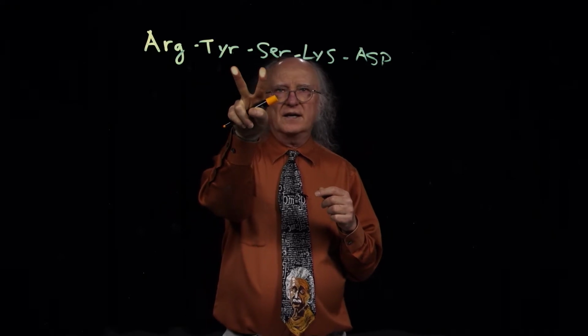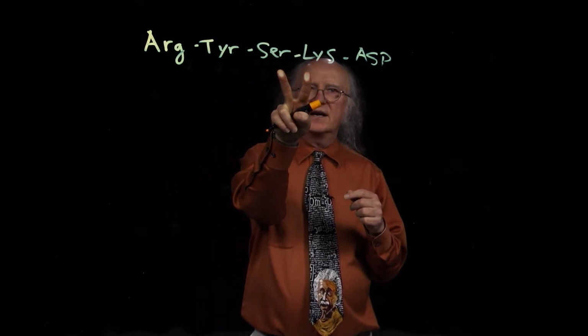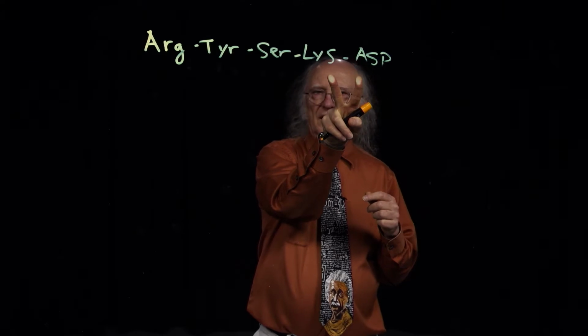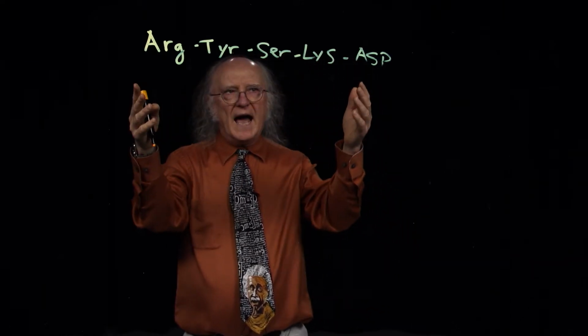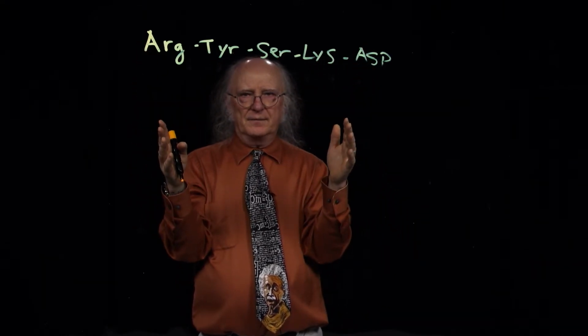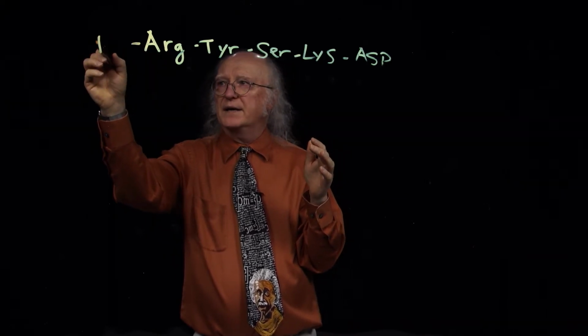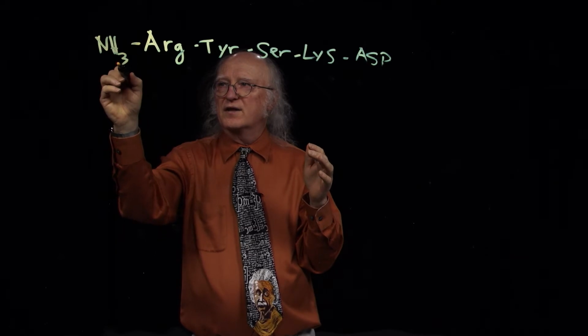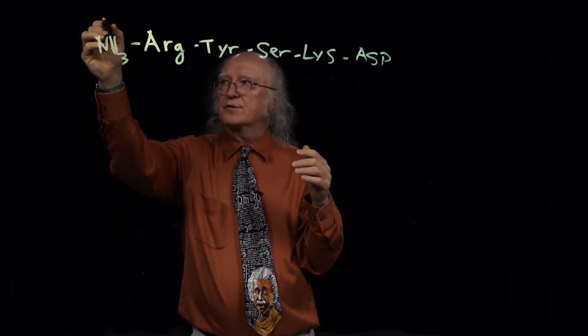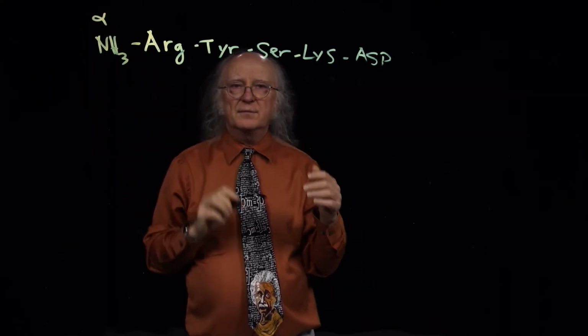Neither one can ionize here, neither one can ionize here, and neither one can ionize here. So if you look at an individual polypeptide, it's only going to have a single alpha amine. And for the moment, I'm going to write it as an NH3 to put the proton on. So I'm going to call this the alpha amine.